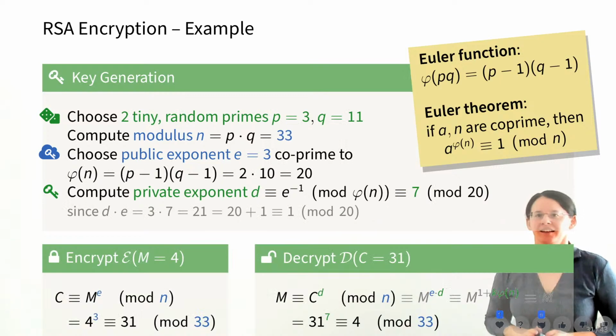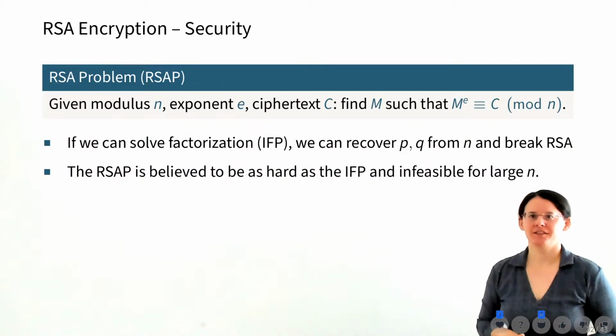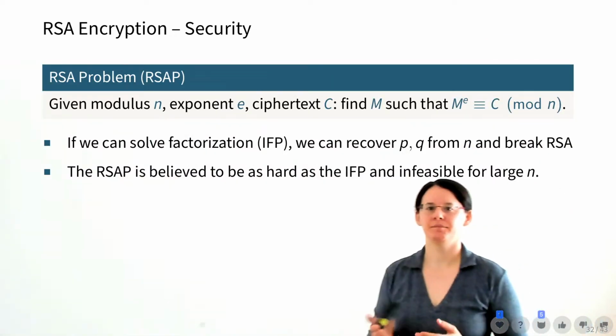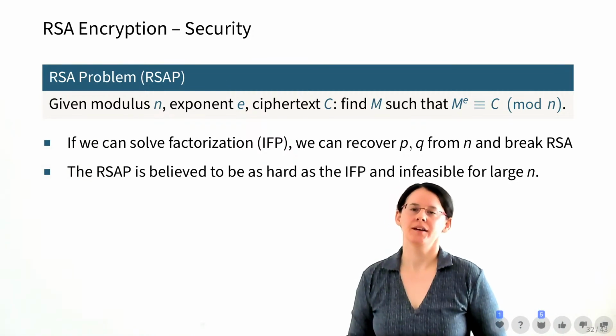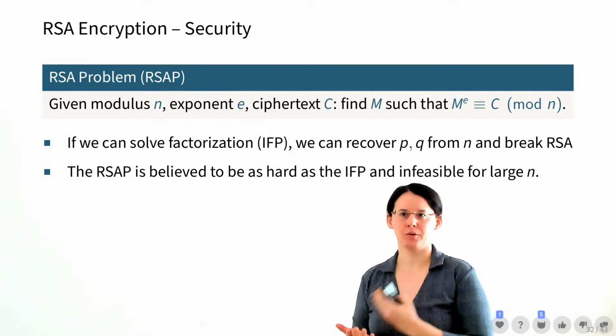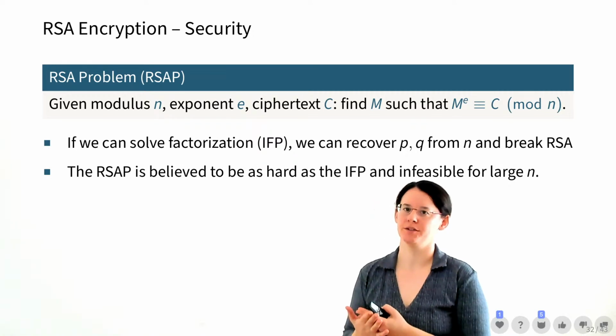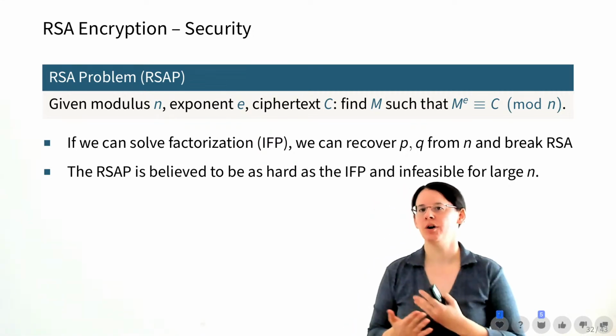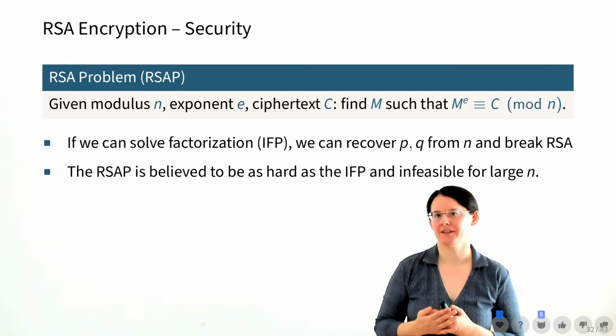Okay, so let's have a look at the security of this thing. So why is it secure? Again, we can define a specific problem that describes exactly what the attacker wants to do. The attacker wants to recover the message from the ciphertext.